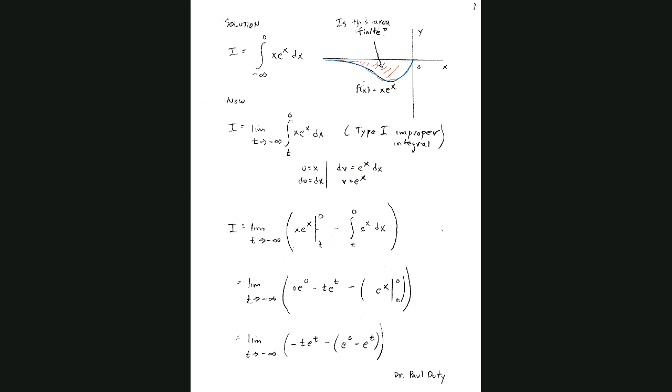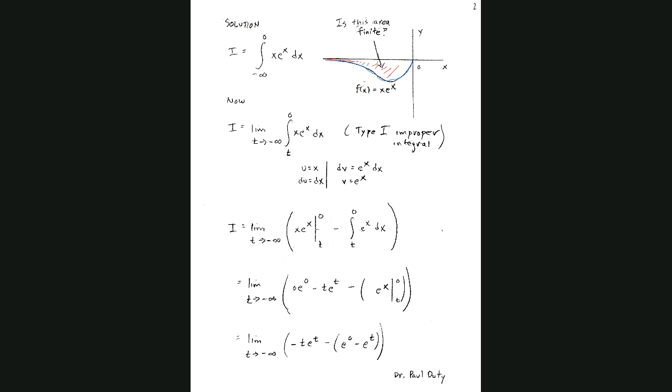But the question is, is the area finite? Because we know that we're going to negative infinity, so there's always going to be a little bit more area as we keep drawing the curve out to negative infinity. There's always going to be a little bit of negative area that accumulates.